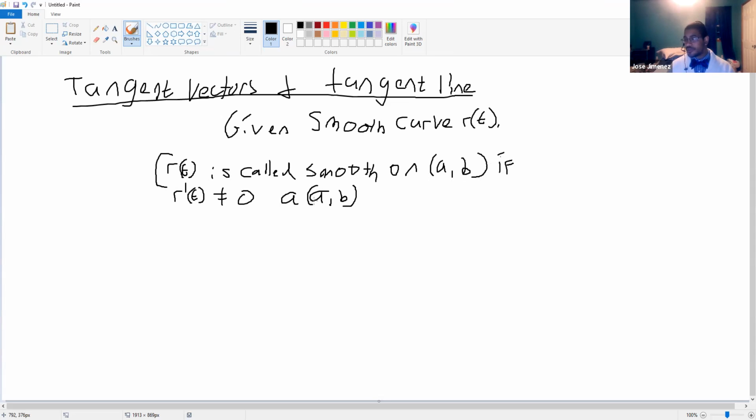So it cannot be equal to 0, which means it cannot be like a hard point.